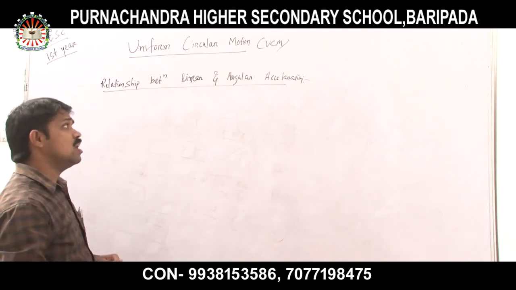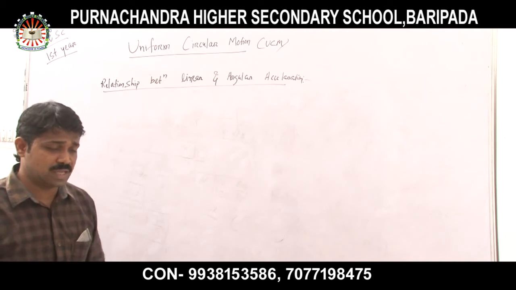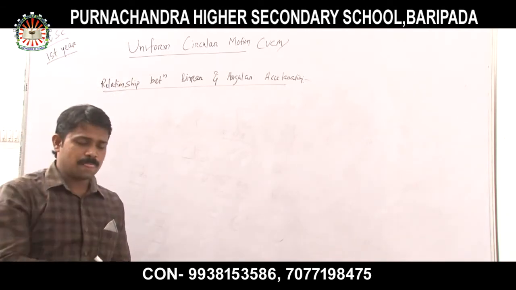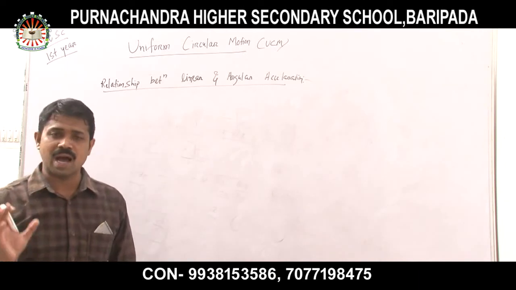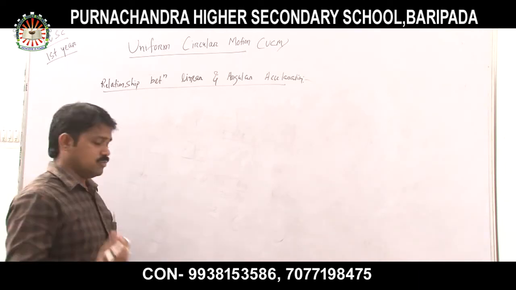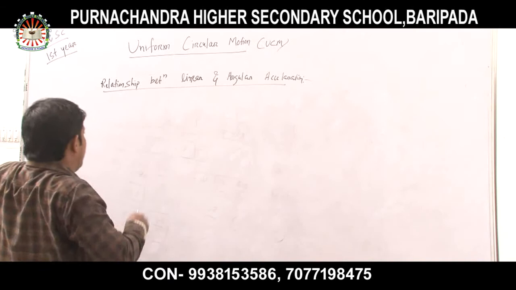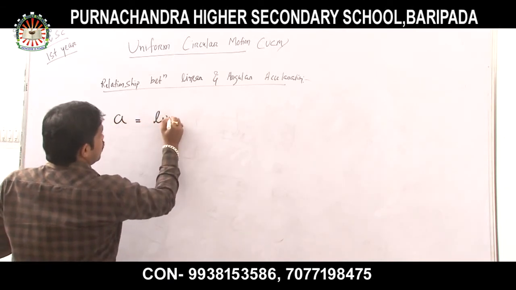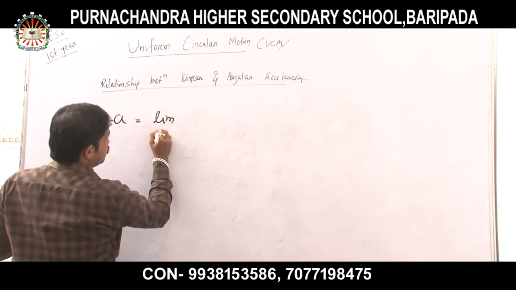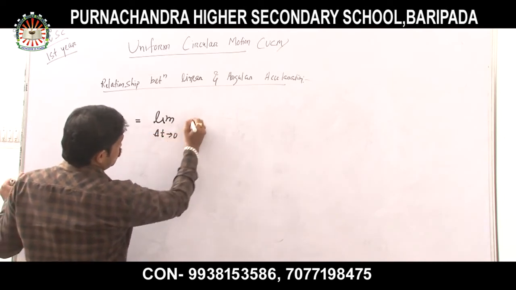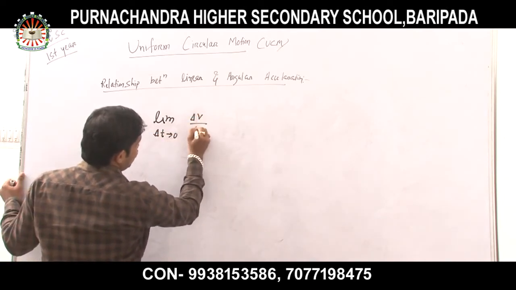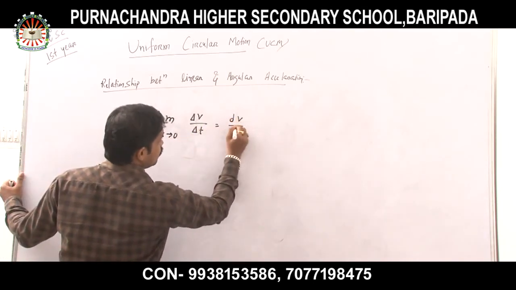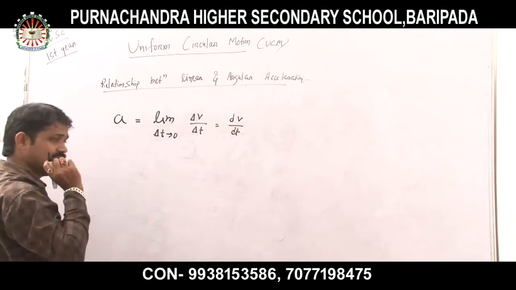For this, what are we assuming? We are assuming that an object is having uniform circular motion with radius r. Clear all of you? Then we know that the acceleration A can be written as the limit del t tends to 0 of del v divided by del t, and this is nothing but dv by dt. Clear?